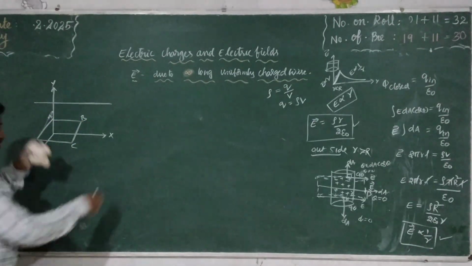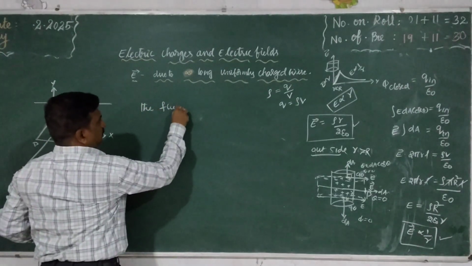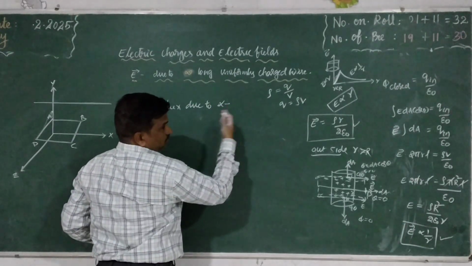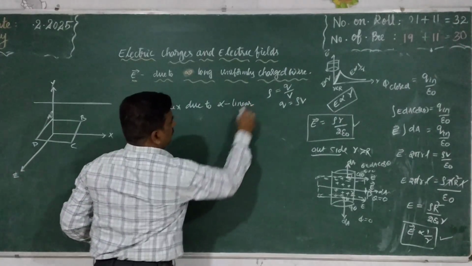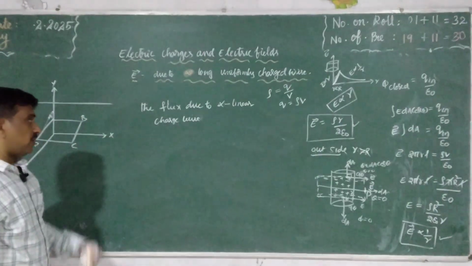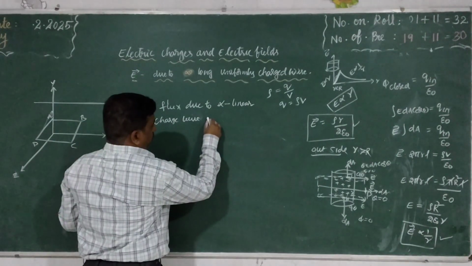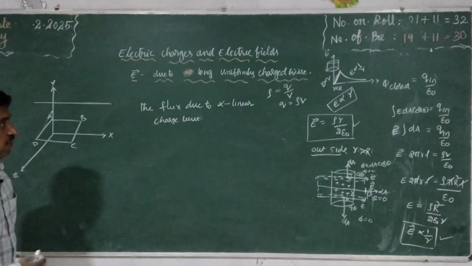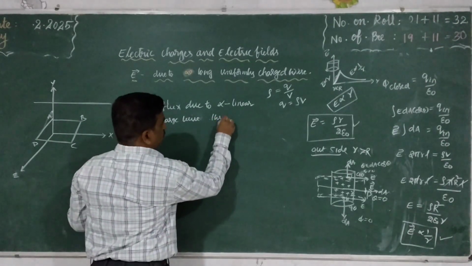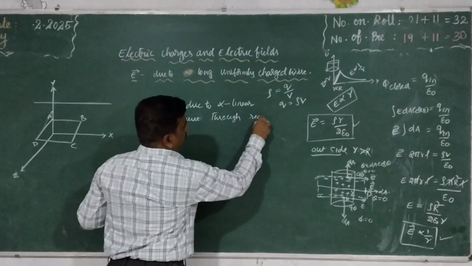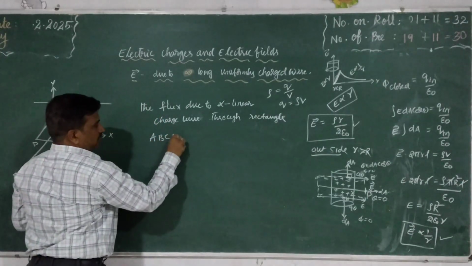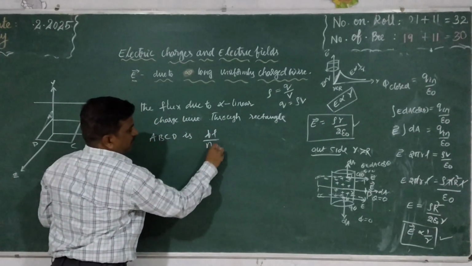For that, what is the problem now? The flux due to an infinite linear charged wire, a uniformly charged wire, through rectangle ABCD is lambda L by n epsilon naught.